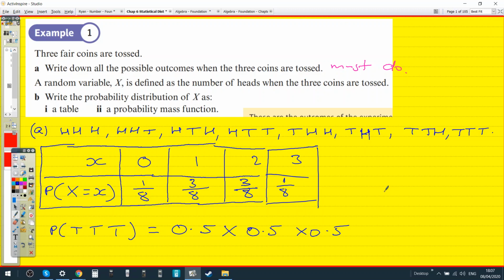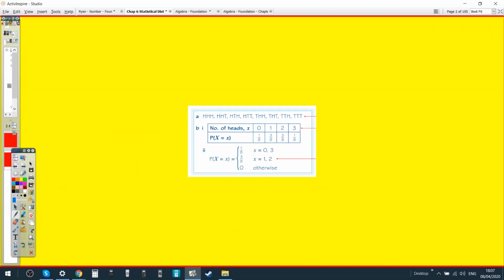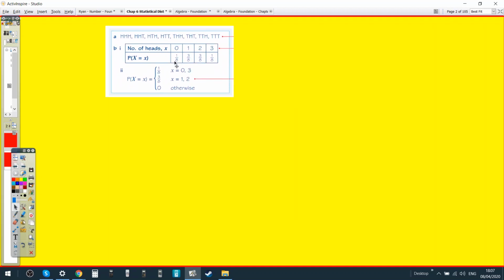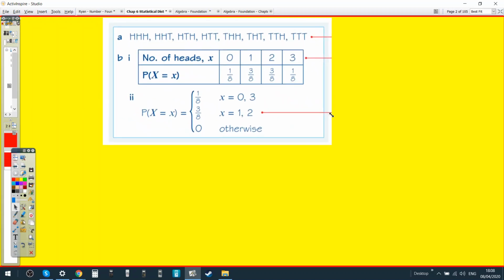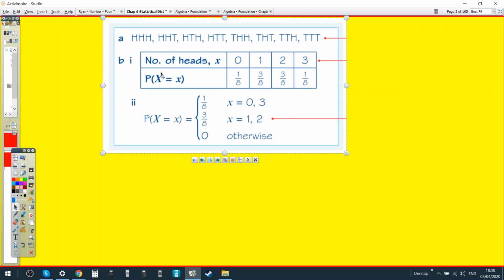No. Let us now look at this probability mass function. Fancy term. So this is our probability table. Number of heads is x, and then the probability that this particular x is 0 or 1 or 2 or 3. Probability x equals x.